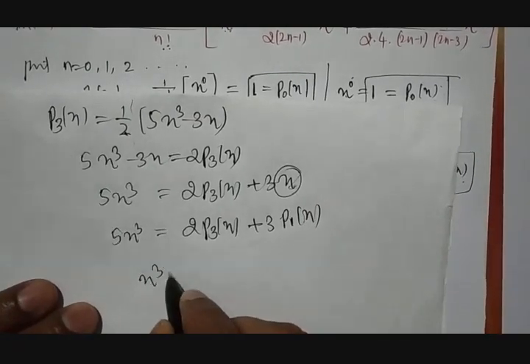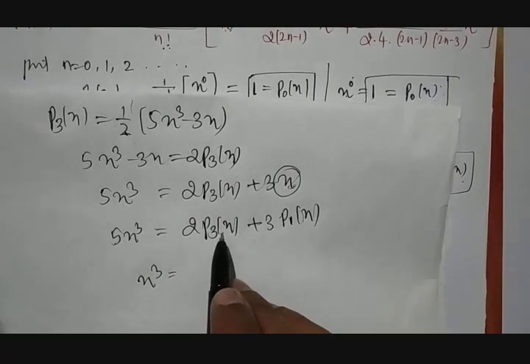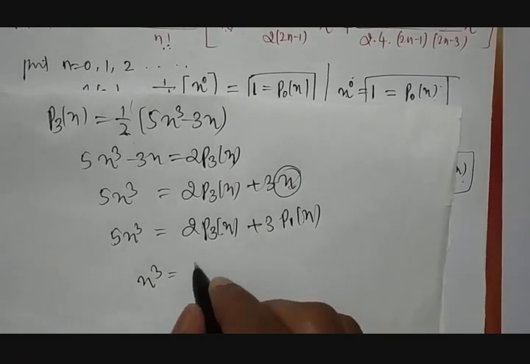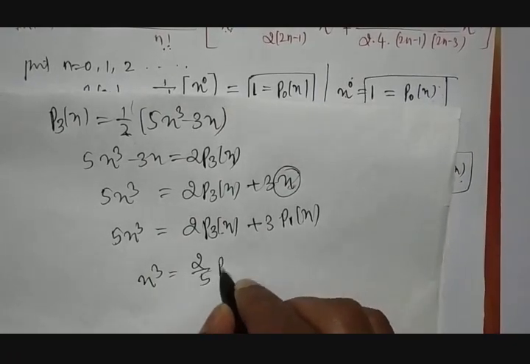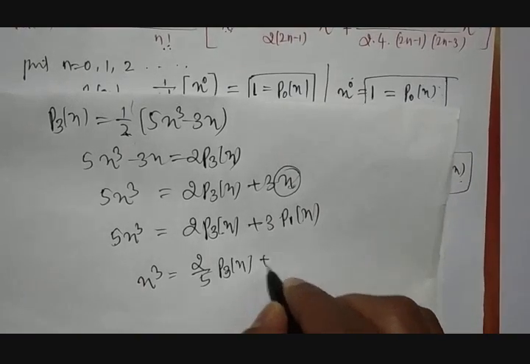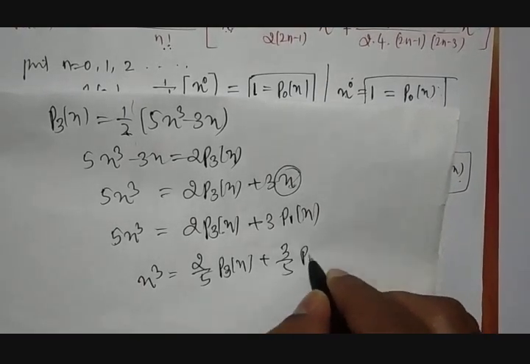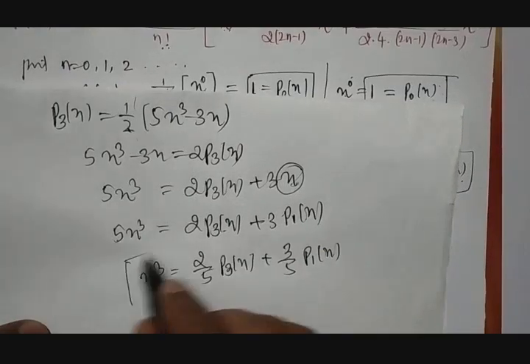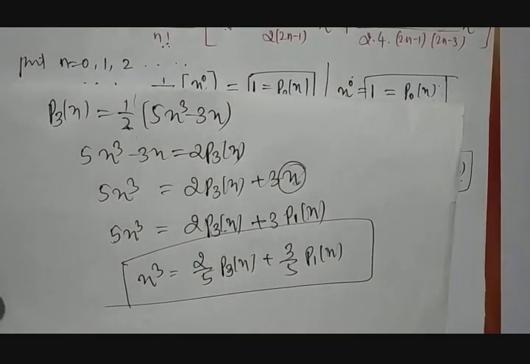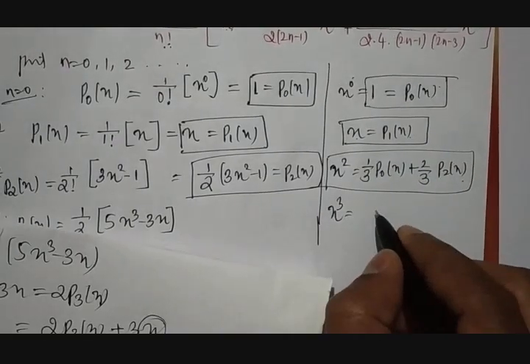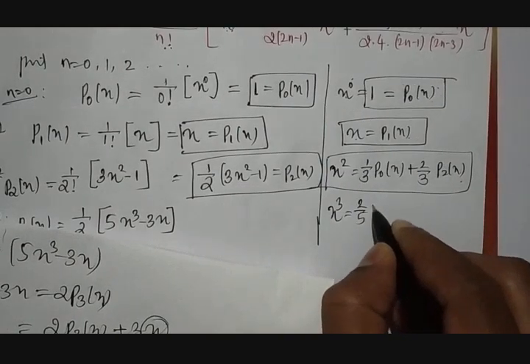Therefore x cube is equal to, this 5 goes to the other end, then it becomes 2 divided by 5 p3 of x plus 3 divided by 5 p1 of x. This is the value for this polynomial x cube.